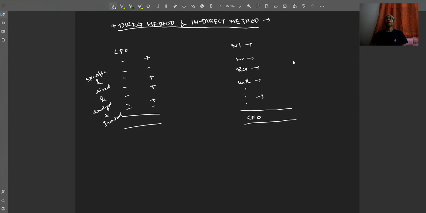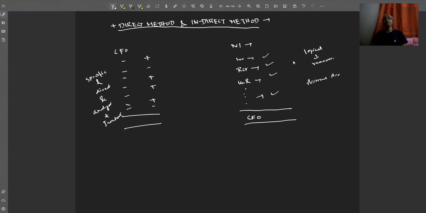Here, the argument is that it is more logical. It explains all the reasons why the net income has changed with respect to cash flow from operations, why there has been a difference between CFO and net income, and what adjustments have been made to arrive at that. These adjustments are basically accrual accounting and cash accounting timing differences, right?